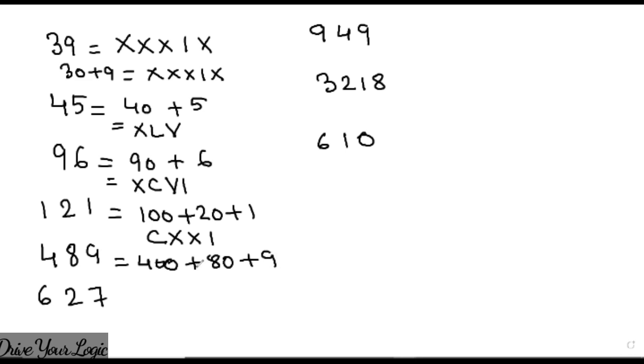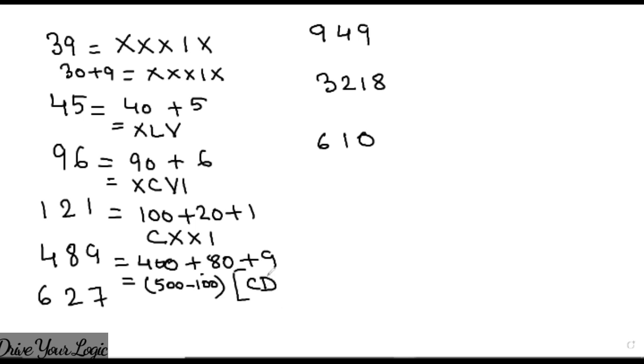489: 480 plus 9. So 400. How to write 400? That is the subtraction place. Remember? So 500, 400 is 500 minus 100. Clear? So we can write it this way. 100 stands for C because in Roman numerals, if you want to subtract, the smaller number is written first, then the larger number.